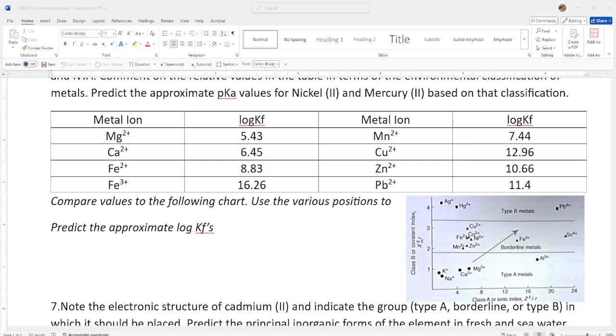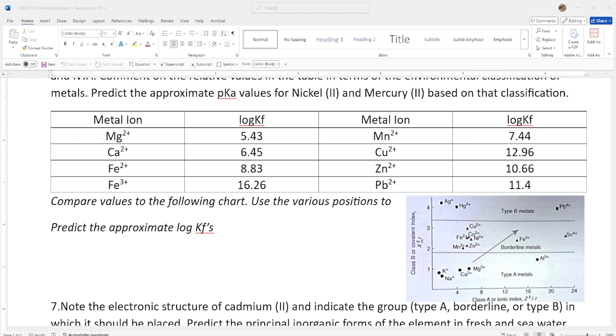Nickel 2 plus is adjacent to copper and cobalt, so it's probably going to be in the borderline area, and with zinc and mercury 2 plus being in the type B.